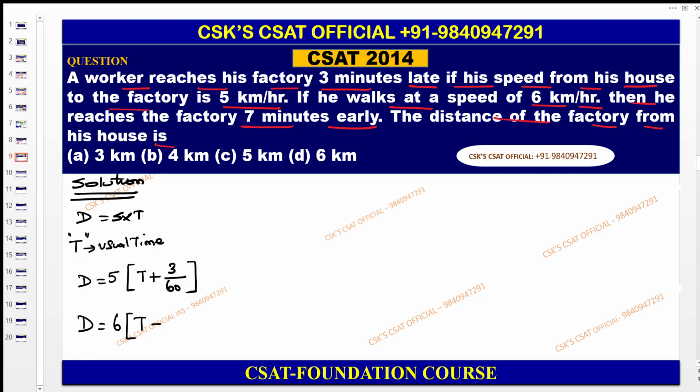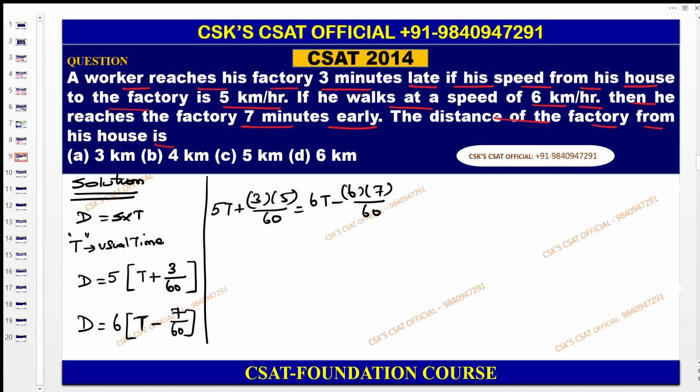Lesser than the actual time, 7 minutes. So 7 by 60 hours. After knowing this, equate both the d's. So therefore 5t plus 3 into 5 by 60, which is equal to 6t minus 6 into 7 by 60.